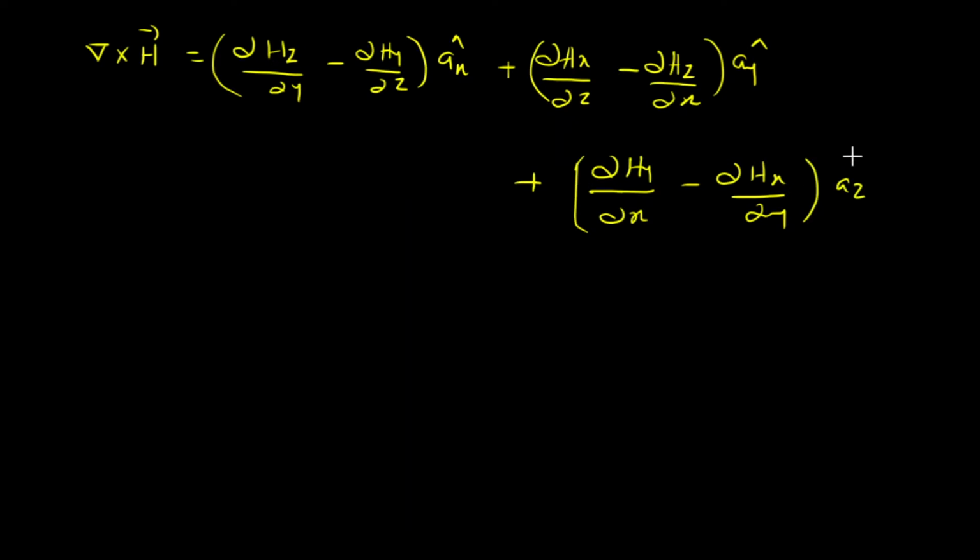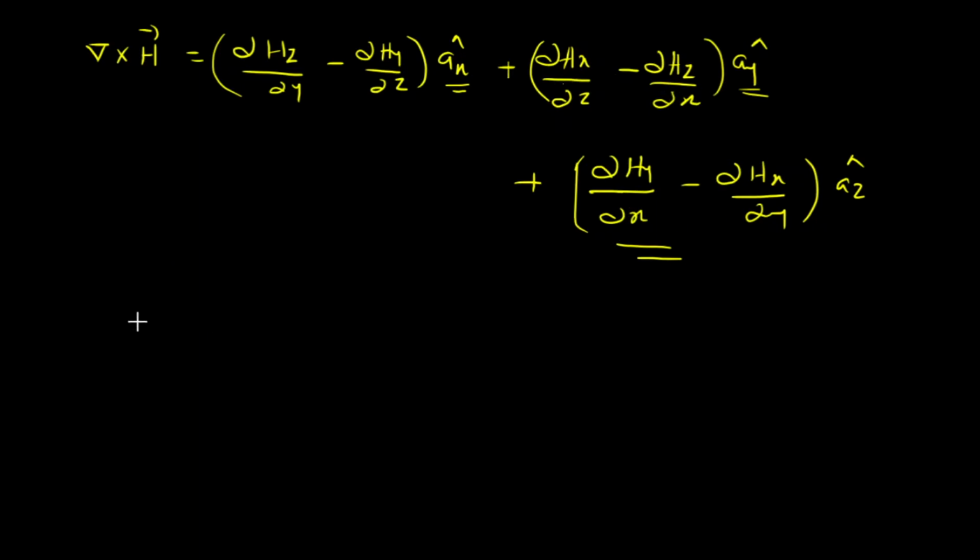Now if you observe this equation closely, this formula can be written in determinant form, because this is ax cap multiplied by this component minus this component, and ay cap multiplied by its components, similarly.